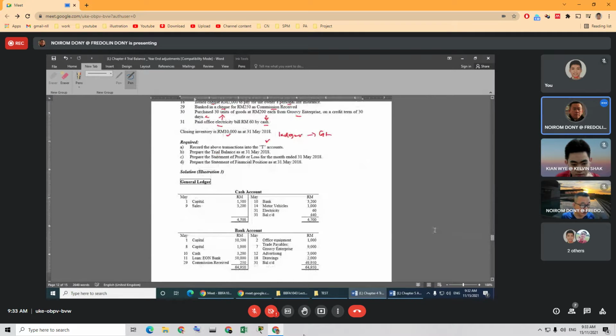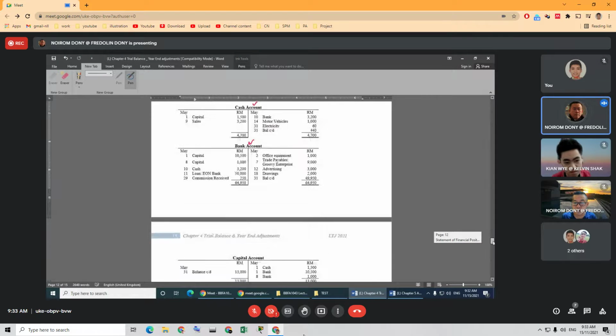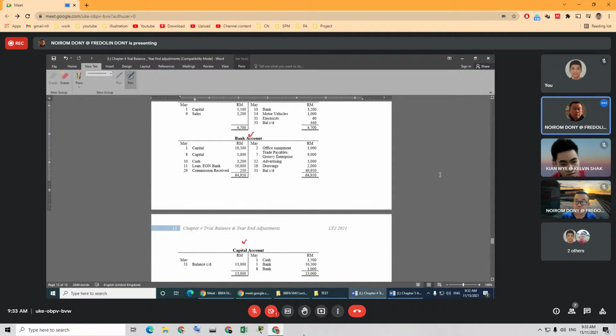So first thing, you just look at the answer and I read the transaction. Now let me read back the transaction. Started operation on the 1st of May with 1,500 cash and 10,500 in Ion Bank current account. So meaning we open up cash account and bank account, and also remember the capital account.